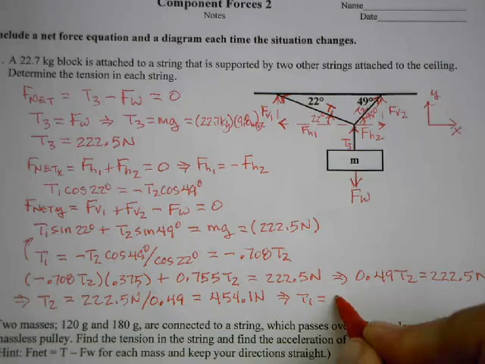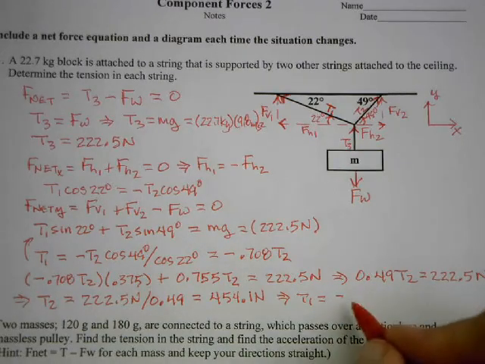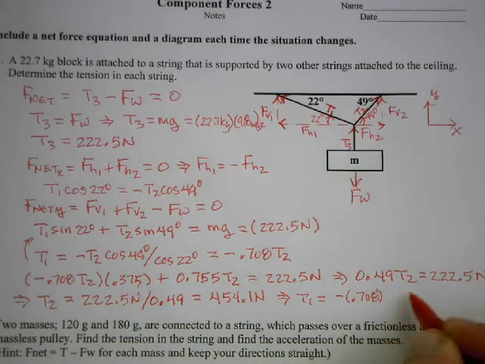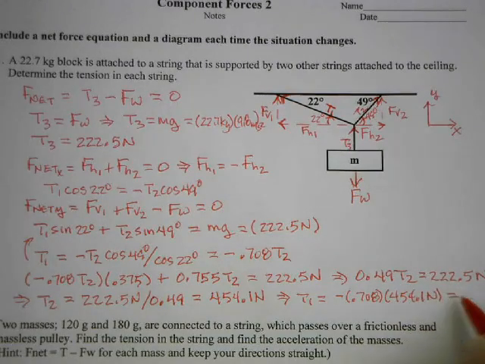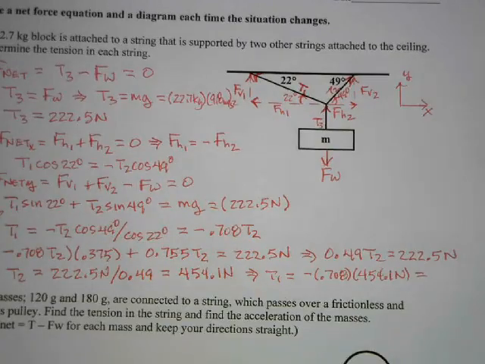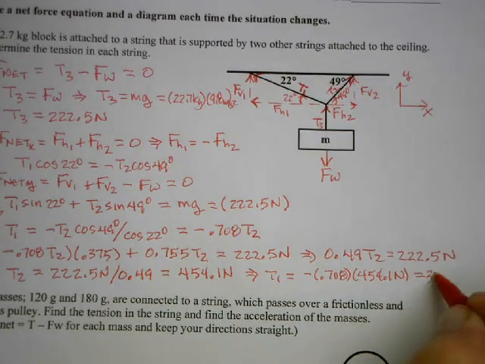Again, in this case, the negative is just the opposite direction. And so I get 321.5 newtons.